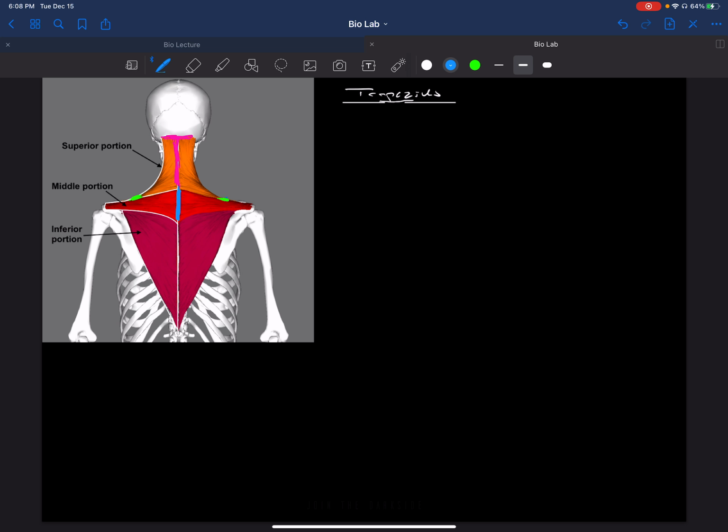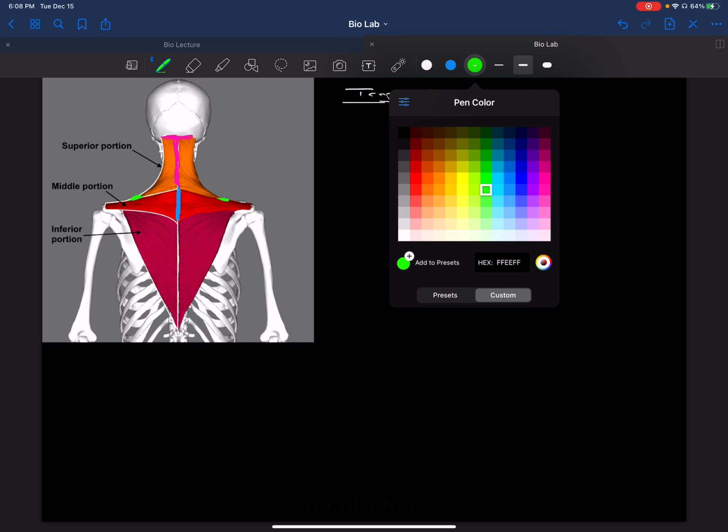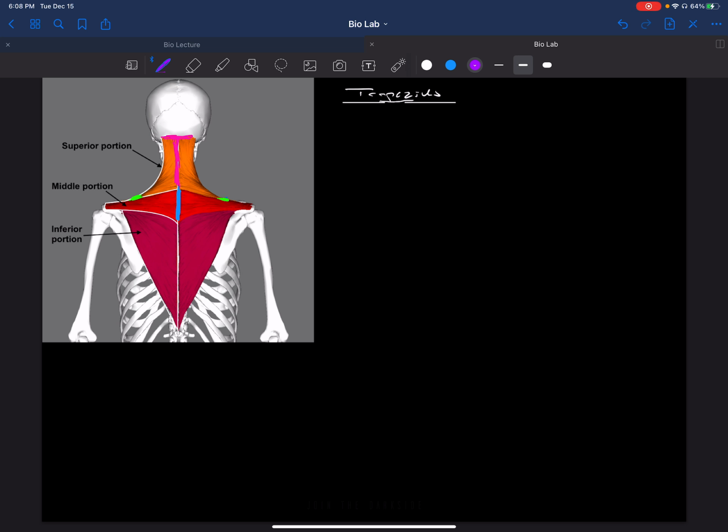And so the lateral attachment points for the middle portion is the upper border of the crest of the scapular spine. So I'll highlight that in purple. So right here.